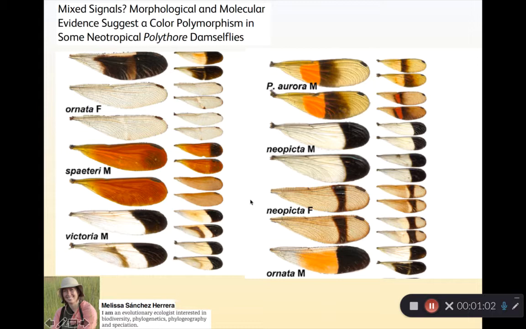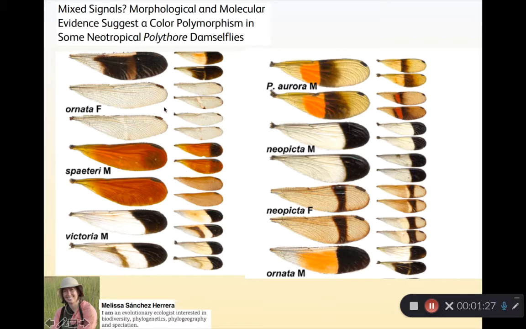A big part of her study is understanding what's driving these differences in color. Is something due to natural selection? For example, some of these wings might confer some sort of survivorship benefit, like predators might try and ignore these bright red wings compared to something that's flat white like this.